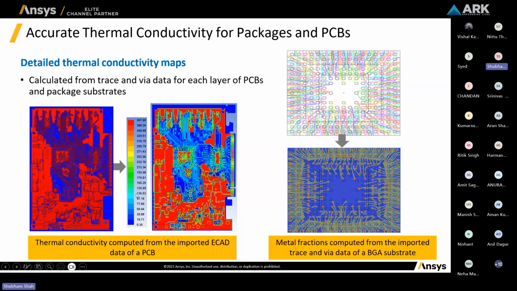This is how your legend looks. It indicates the lowest temperature is 0.35 and the maximum temperature is up to 387.6 degrees. So this is how you can have a little bit of comparison. And then again, you have the option for the probe to see the exact temperature at that particular location.